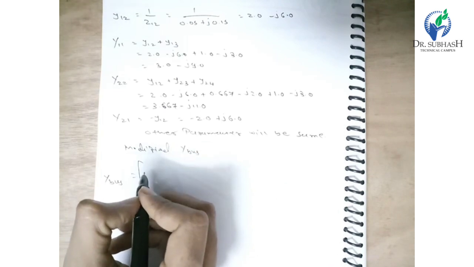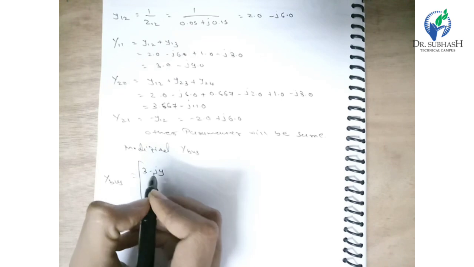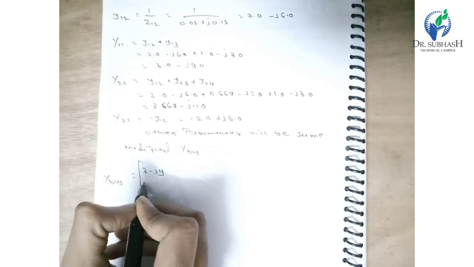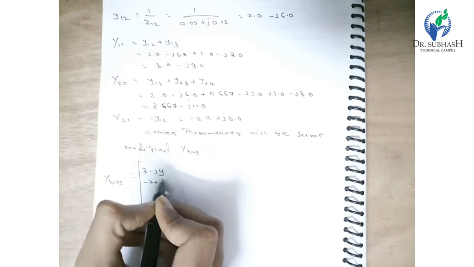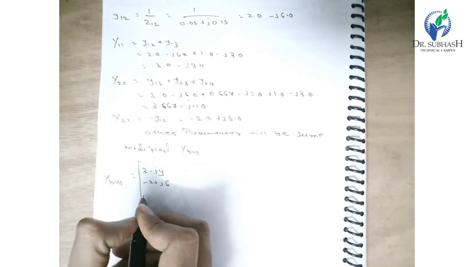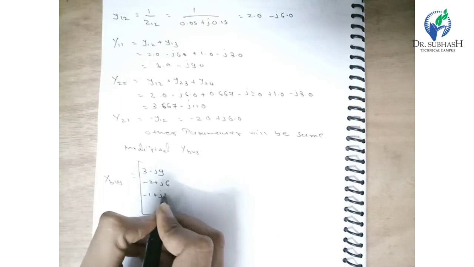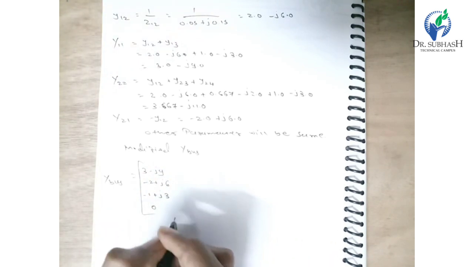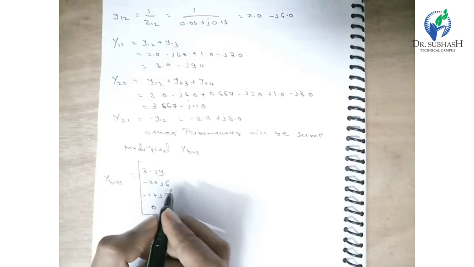The modified Y bus matrix: the value of the first column is 3 minus j9, minus 2 plus j into 6. Third value is minus 1 plus j into 3 and fourth value is 0. So there is no connection, so output is 0.